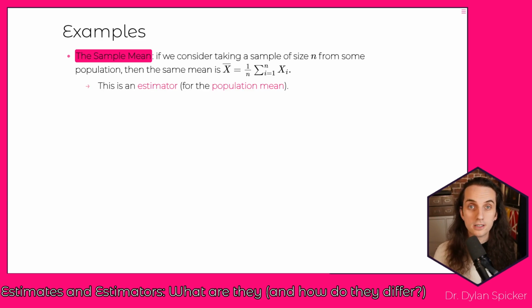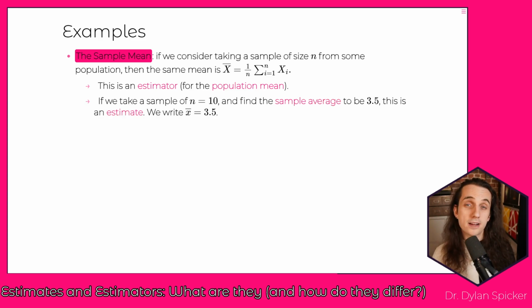In particular, we normally think about the sample mean as being an estimator for the population mean. So by calculating the sample mean, we hope that we're going to get a value that is close to the population mean. If we were to actually take a sample of size 10 and find the sample average to be 3.5, then this is an estimate. And when we have an estimate, we always write those using lowercase letters, right?